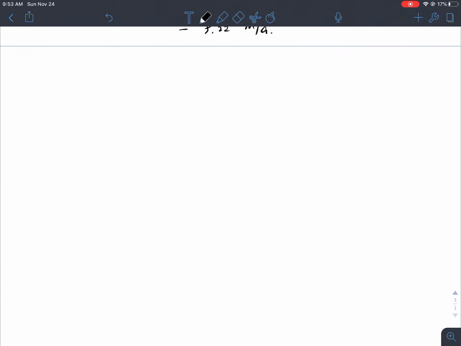Consequently, very straightforward, I can calculate the stress in the y direction. Sigma y equals E divided by 1 minus nu squared, multiplied by epsilon y plus nu epsilon x.